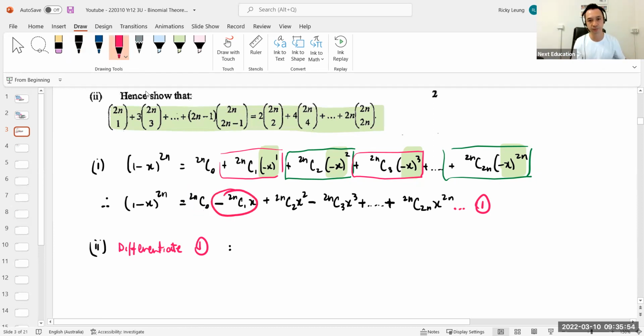Differentiate this term, the x goes away, so you get minus 2n c1 first, and then this guy, the 2 comes down, plus 2 times 2n c2 x.